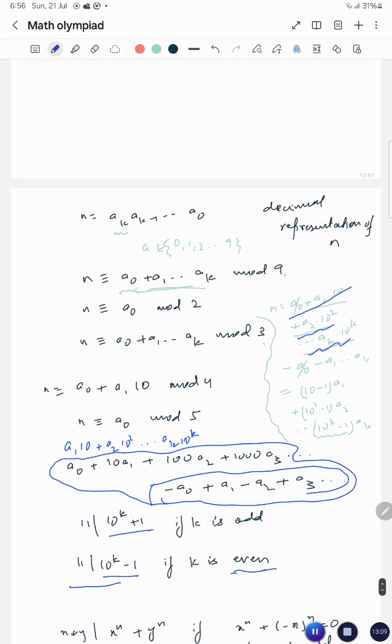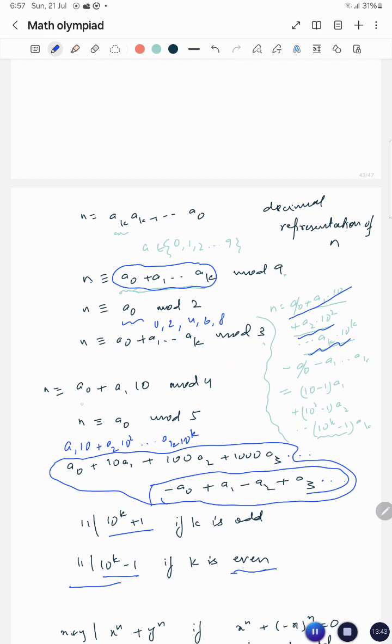So similarly here, you have to look at the sum of the digits. If 9 divides the sum of the digits, and 9 divides n minus this, which was shown here, then 9 divides n. And similarly for 3. And if 2 divides a0, so a0 is an even digit: 0, 2, 4, 6, 8.